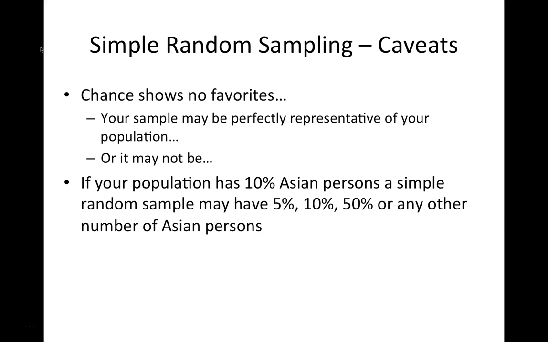So if your population is comprised of 10% people who identify as Asian or Pacific Islander, your simple random sample might have 5%, 10%, 50%, some other number of people who identify in that way. And so simple random sampling, and probability sampling more broadly, is not a guarantee that you will get a sample that exactly or even very closely approximates what the population looks like.